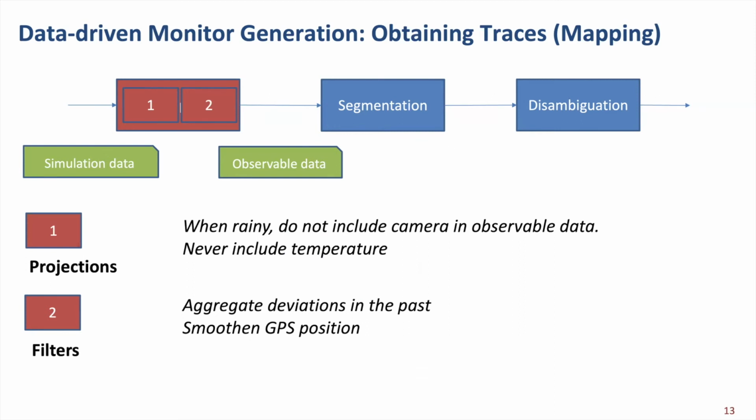Filters are useful if you want to aggregate the number of deviations in the past, basically to have an online estimation on whether you're trusting your sensor right now, or because you maybe want to smoothen your GPS position to make it more reliable. And so with that, we're getting to a set of data which we want to use for our decision making.